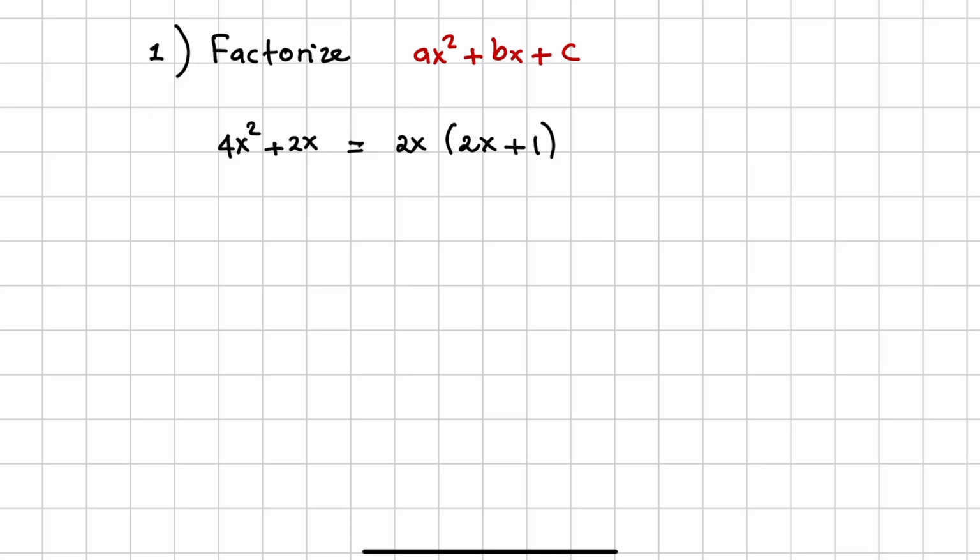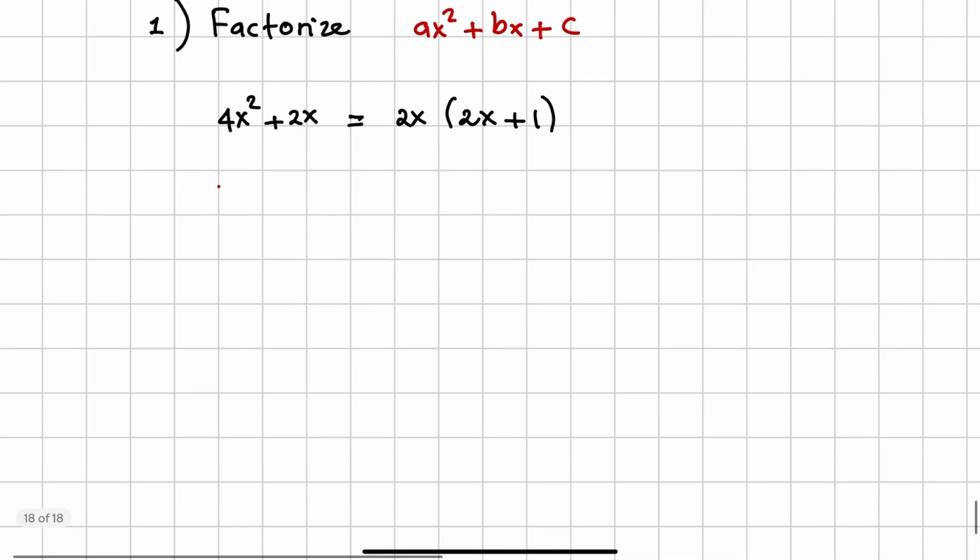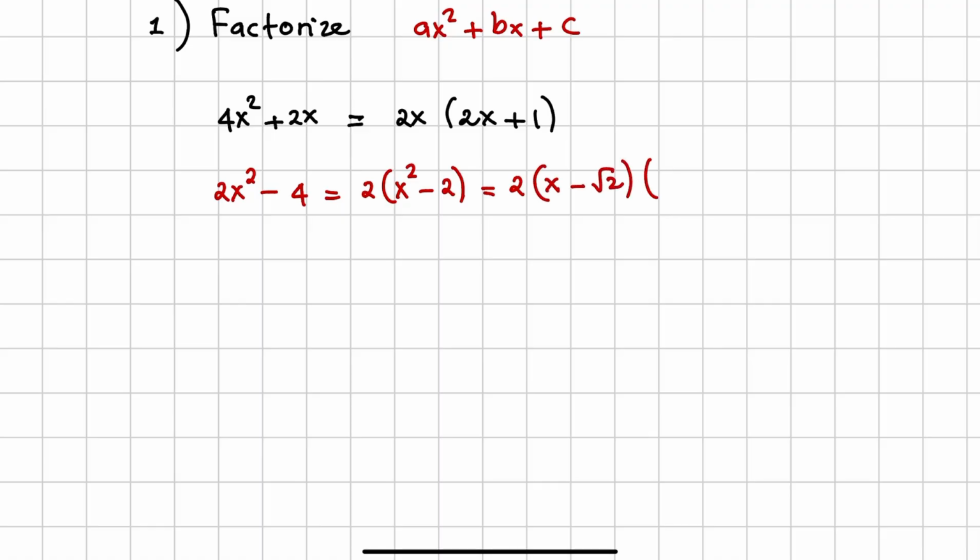But for something like 2x squared minus 4, actually we can, which is 2 times (x squared minus 2), and we can also factorize it as x minus square root of 2 and x plus square root of 2. We just use a squared minus b squared equals (a minus b) times (a plus b). We use it here, and then we can factorize it.